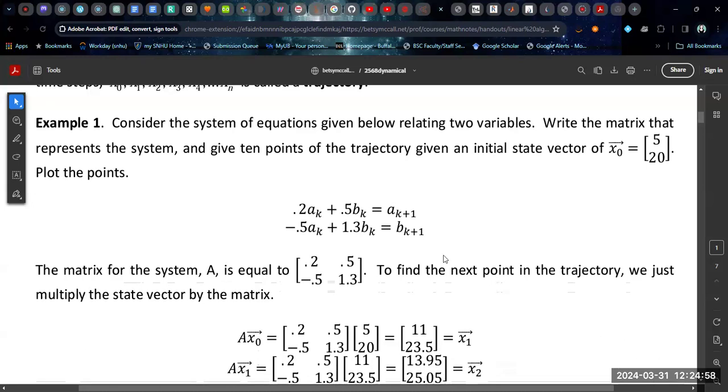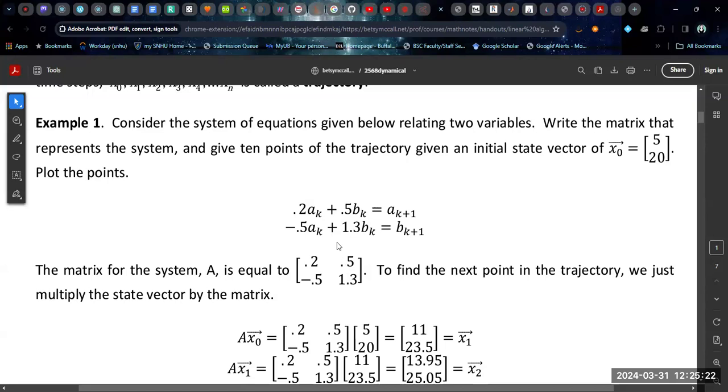So we're going to consider the system of equations below. It relates an A variable and a B variable, so species A, species B, perhaps, and we're going to plot 10 points of the trajectory given the initial state vector (5, 20).